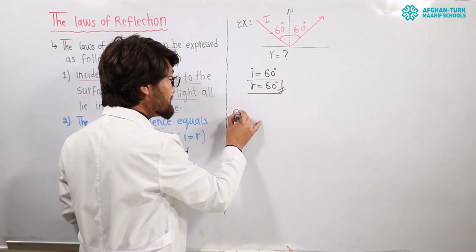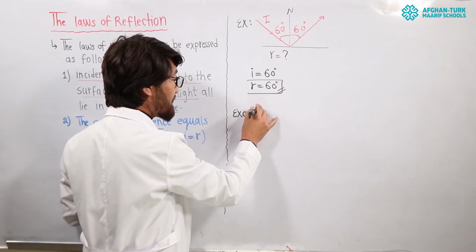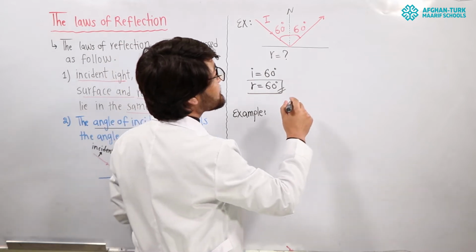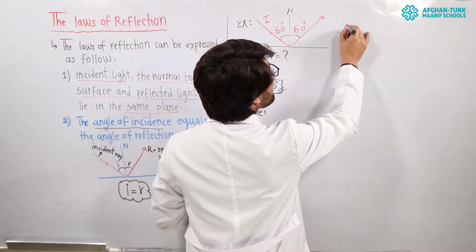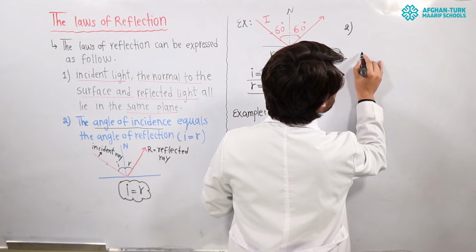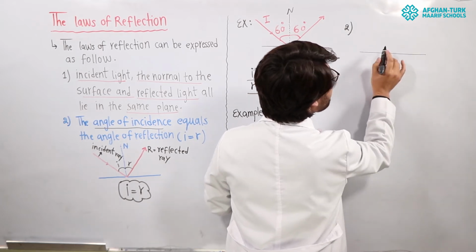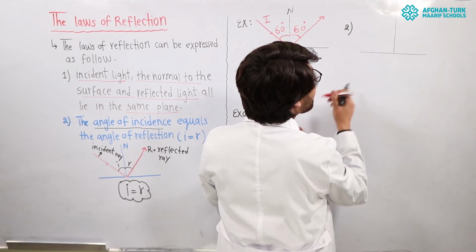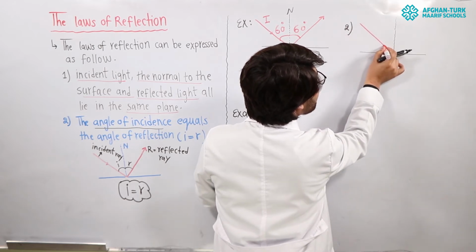Example number 2. I will solve this question here. Also, here we have a surface, a normal line, an incident ray.